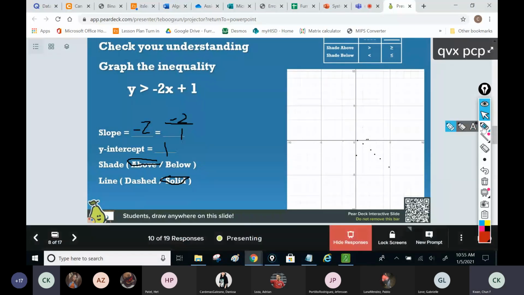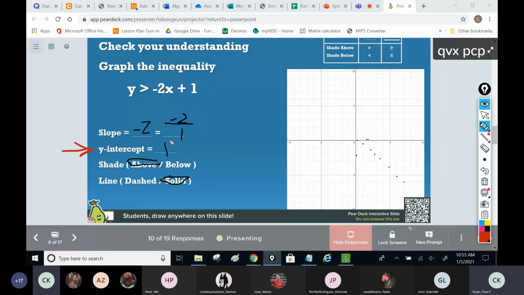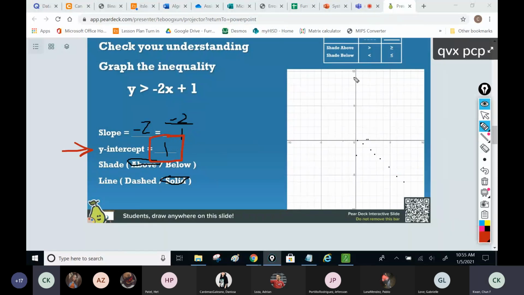All right, you start at the y-intercept, which is +1. Go to the y-axis and find +1, which is right here. Then look at the slope.